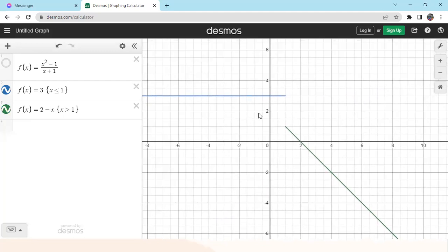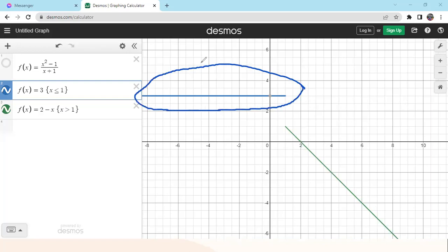So we used the Desmos graphing calculator for the piecewise function. For the first condition, we have here f of x is equal to 3 for x is less than or equal to 1. Okay, so this is its graph.